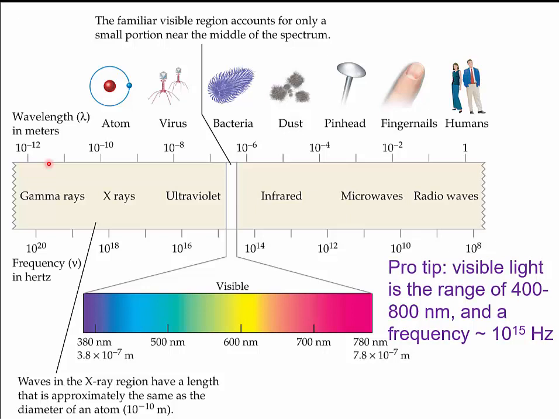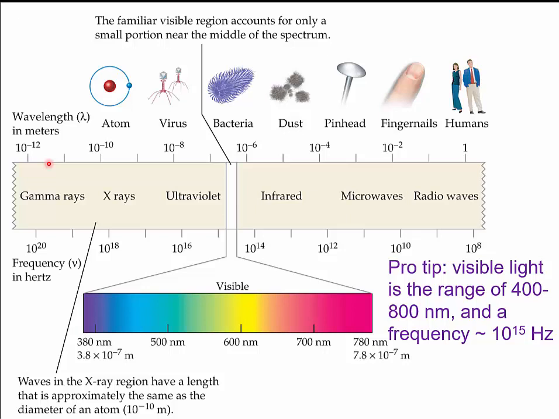So here is a pro tip. Kind of stick this nugget of information in the back of your head: visible light is in the range of 400 to 800 nanometers, and it's going to have a frequency somewhere around 10 to the 15 hertz. Right, so that's roughly where we're going to be working most of the time in this class, in the visible.